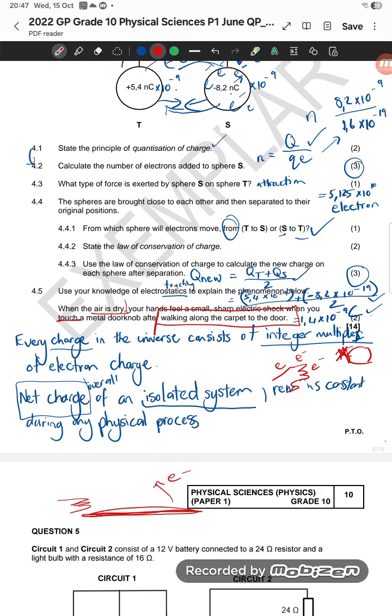And the air is dry. Remember, water is not a great conductor of electricity unless it's got like sodium, magnesium, things like that. That's why when we put two electrodes in sugar water and connect it to a battery, it's not going to light up.